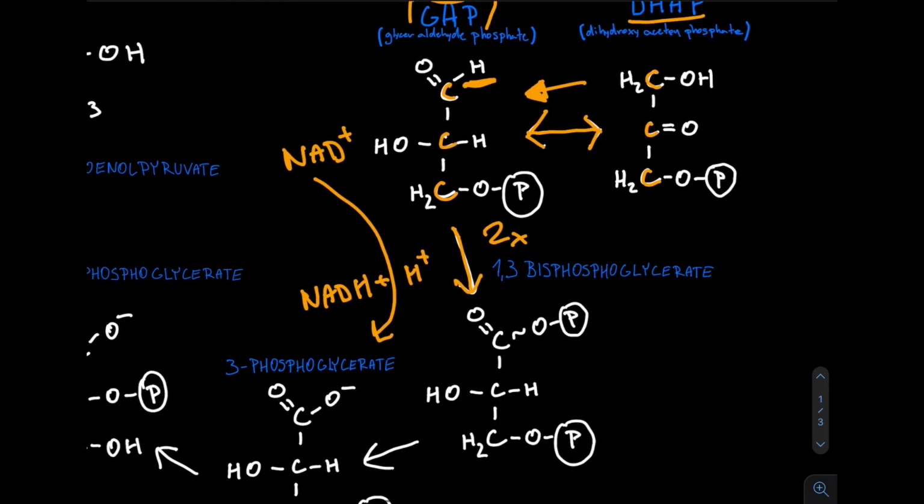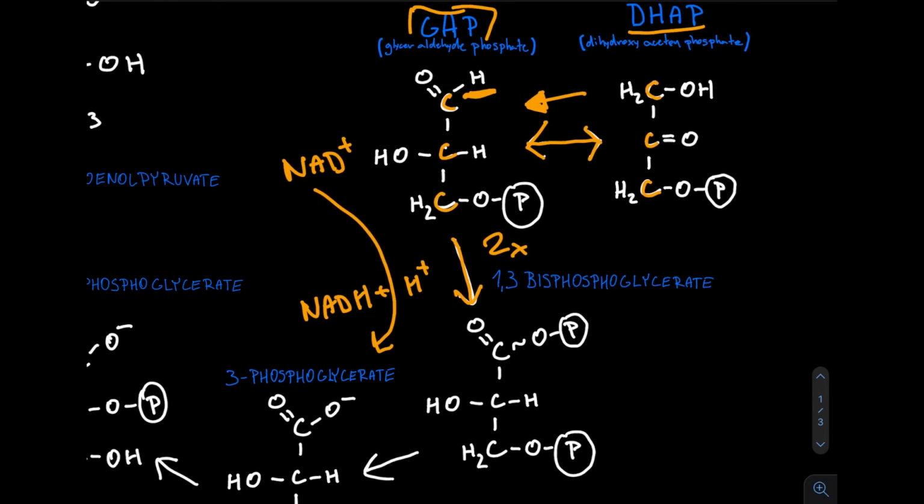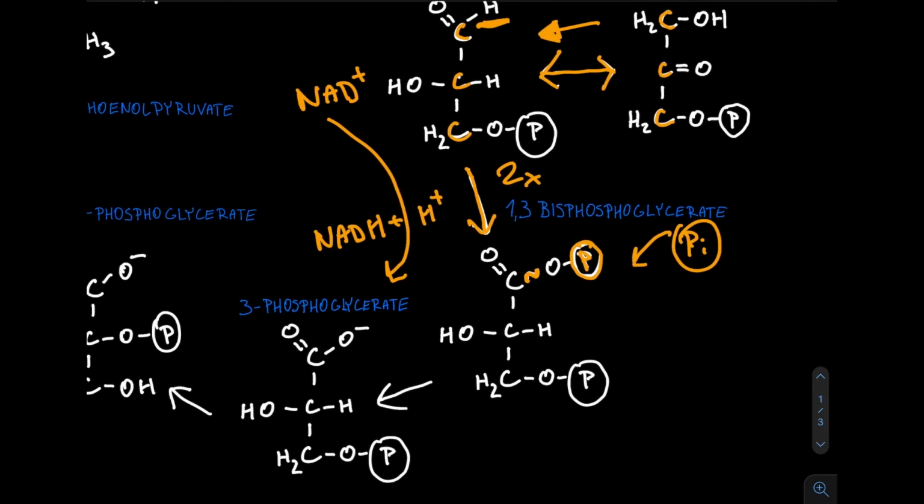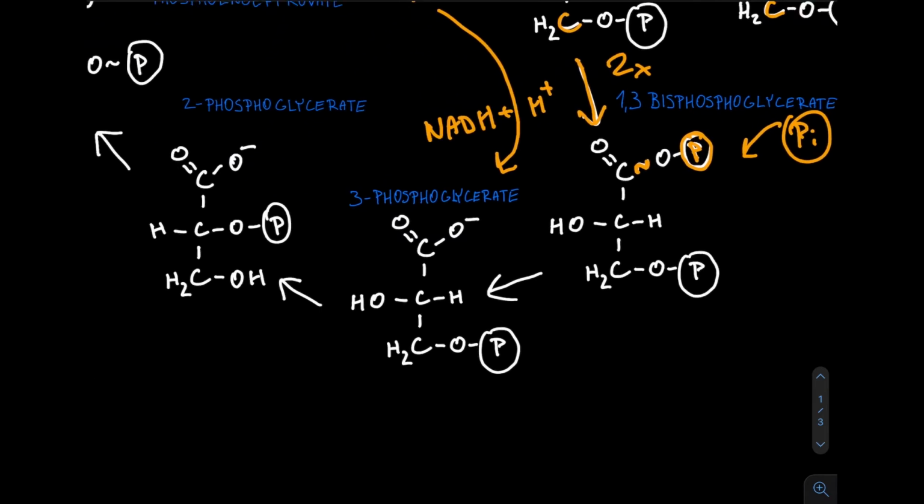So the glyceraldehyde phosphate is oxidized, and it also gains an inorganic phosphate, which comes right here. So this is the phosphate molecule, and it is attached from now on here. And this bond is a macroergic bond, which has more energy than the others, and this energy will be used later on.